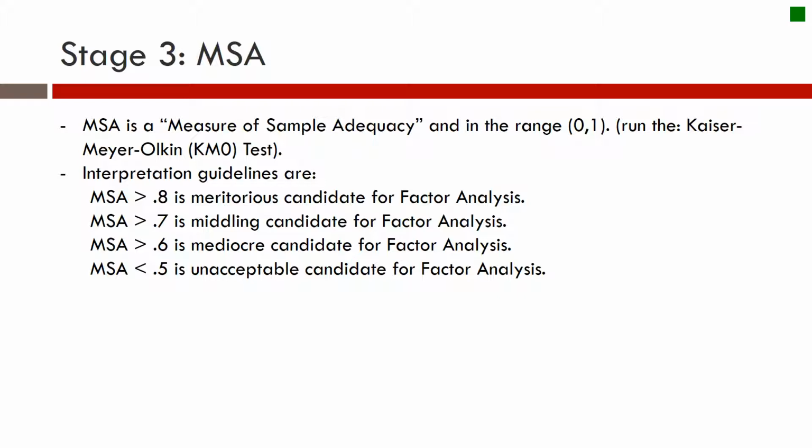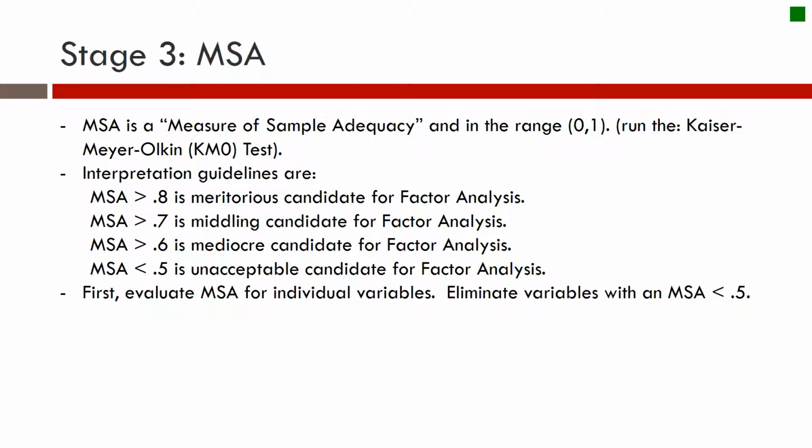So doing the measure of sampling adequacy is beneficial for individual variables, and what we do is we run an MSA, and then we look at the scores for each variable, and if a variable falls below 0.5, then we eliminate it and then run the MSA again.